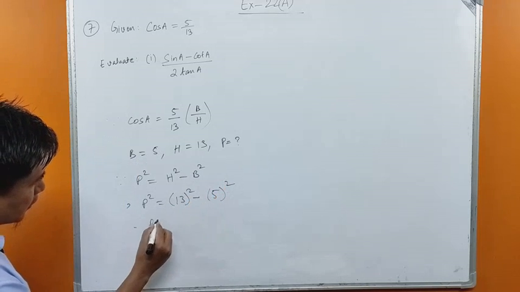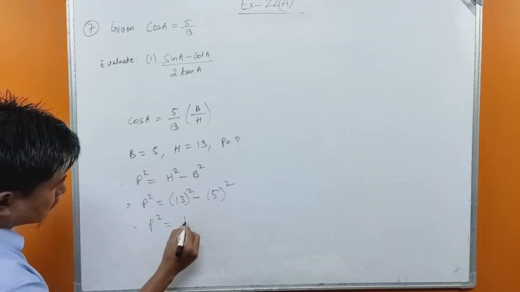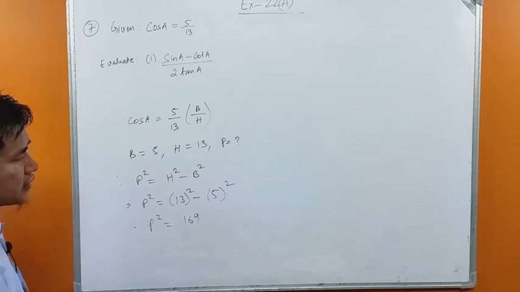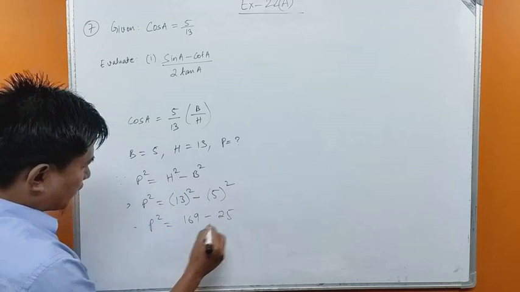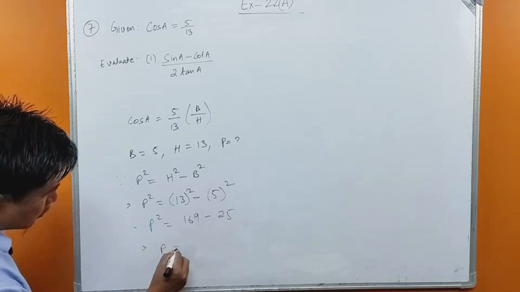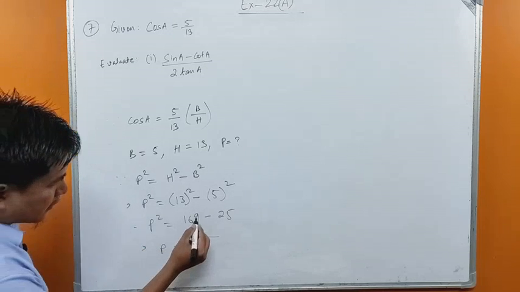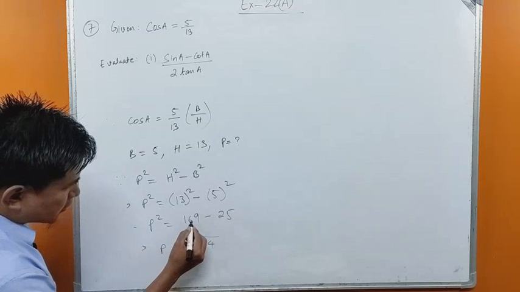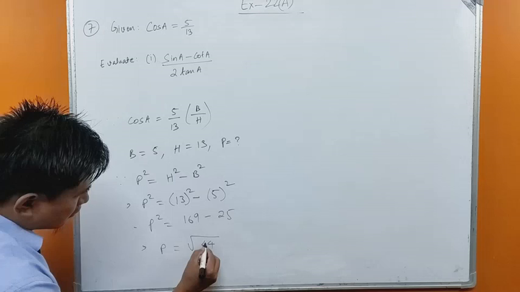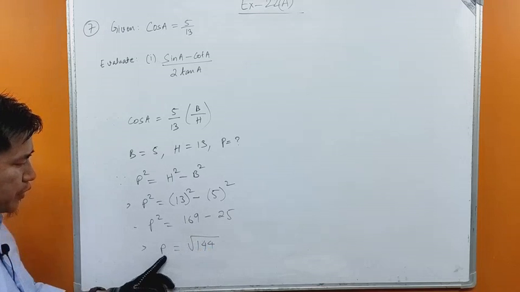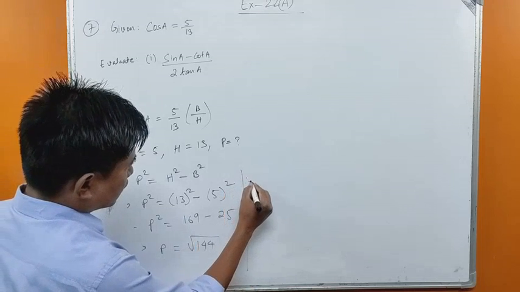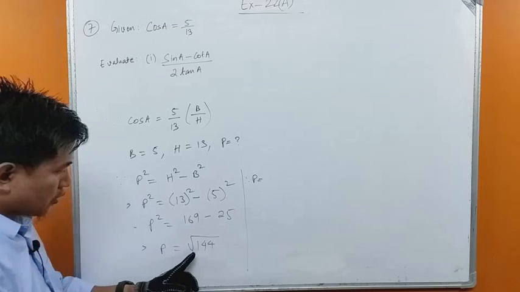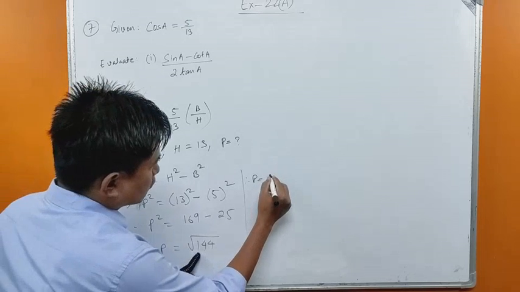So p square equals 13 square is 169, 13 into 13 is 169. 5 square is 25, 5 into 5 is 25. So p equals root under 169 minus 25, which is 144. Therefore p equals root under 144, which means 12, isn't it?